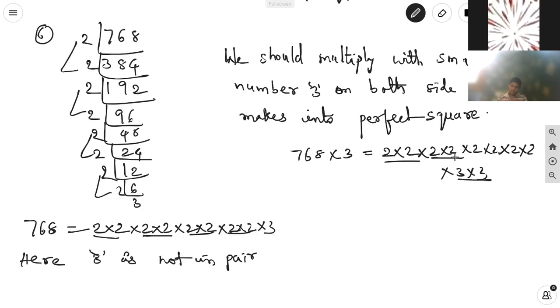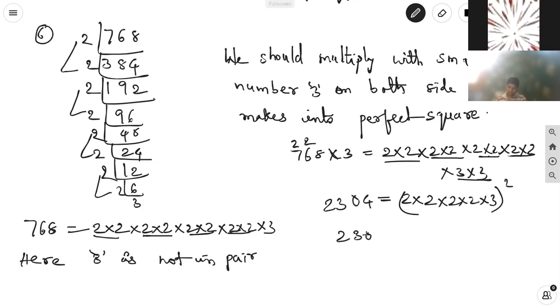Pairs are equal to 2 into 2 into 2 into 2 into 3 whole square. 8 3s are 24, 2 carried, 6 3s are 18 plus 2, 20. 7 3s are 21 plus 2, 23. So 2304 equal to 2 times 2 is 4, 4 times 2 is 8, 8 times 2 is 16, 16 times 3 is 48, 48 whole square.